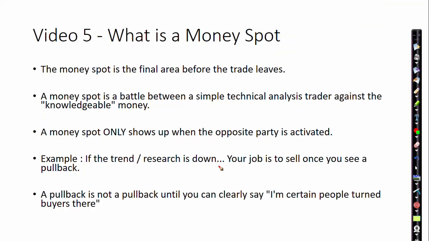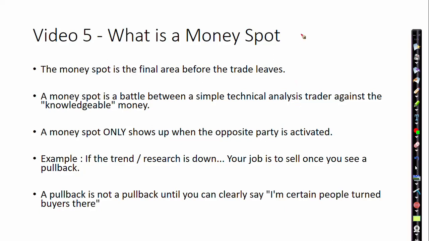For example, let's say the trend is down, forming lower lows, and after that we see a pullback. Our job is to sell once you see a pullback. This is our job. When price pulls back, a pullback is not a pullback until you can clearly say, I am certain people turn buyer there.